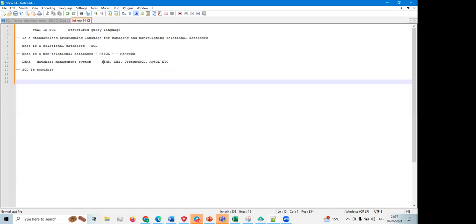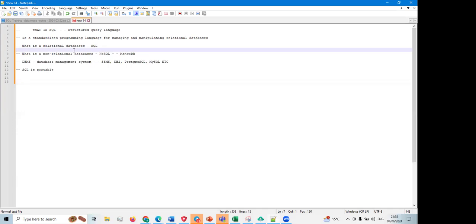So it can be used on this, on that, on that, quite well and effectively too, with maybe slight differences in syntax, that's all. If you're able to use it on one, that means you can use it on many others. Does that make sense? That is why we say it is portable.